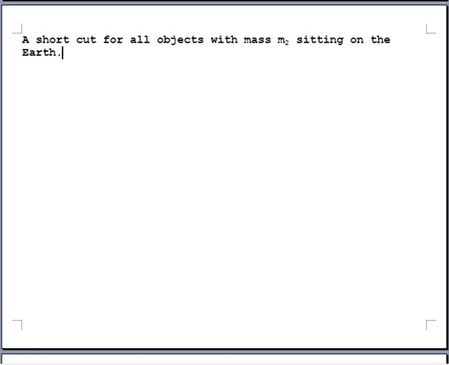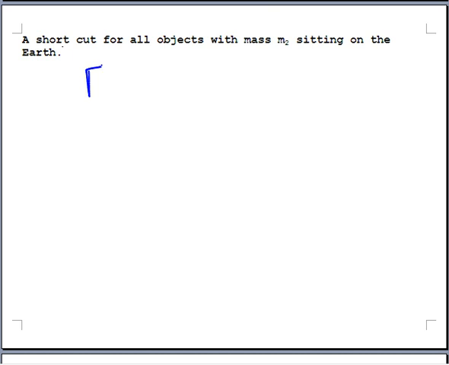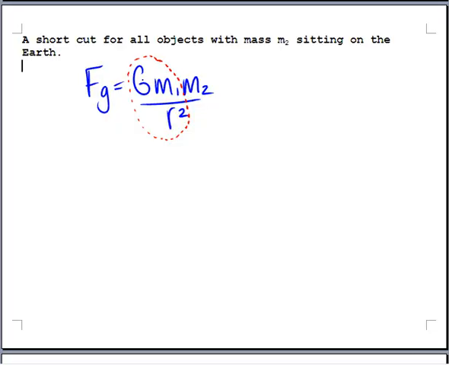I'm going to get you to try something out here. So here's the equation. And what I want to do is see if we can figure this out. What if we did this part of the question right here? So we're going to leave M2 for a minute. What if we just typed in big G and we said, hey, mass number 1, let's plug in the mass of the Earth.